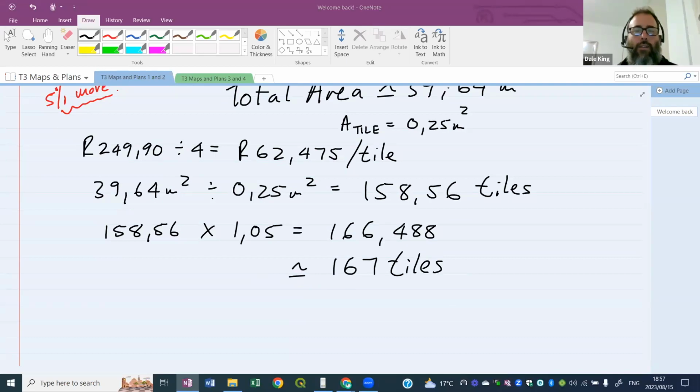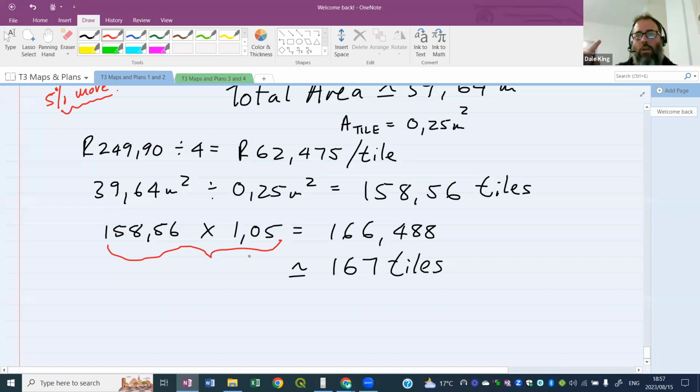Excuse me, sir. Yes. Can I please ask, how did you get the 1,05? Because I don't know the method. Okay. So this is a very short method to work out a value plus a percentage of that value added on. There's usually a 2-step process here. You guys are used to saying 158,56 plus 5% of 158,56.